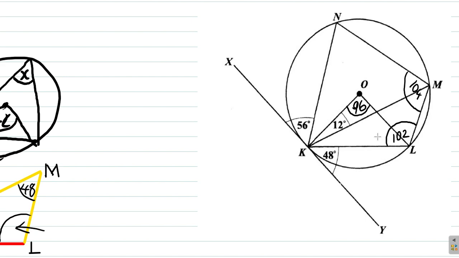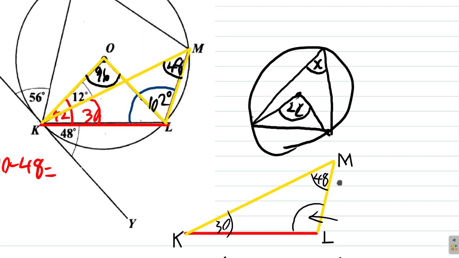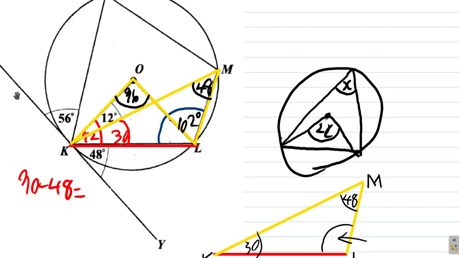All right. So you see that now. Again, just to review, this is 90 degrees from the radius to the tangent.